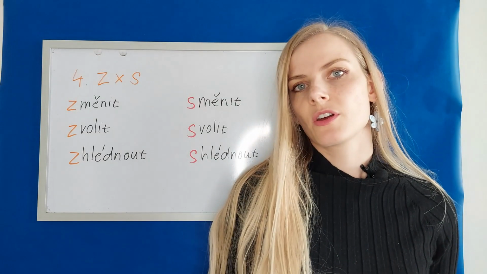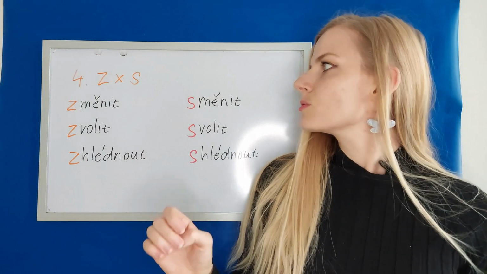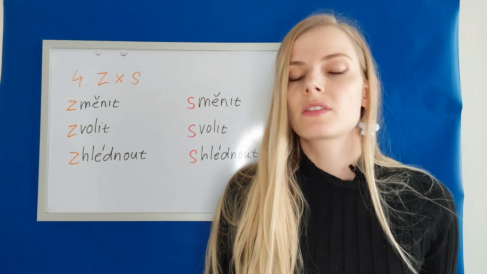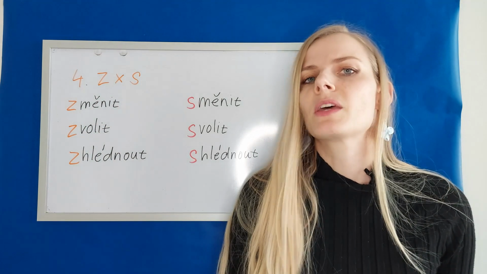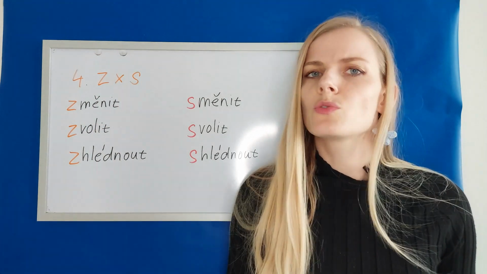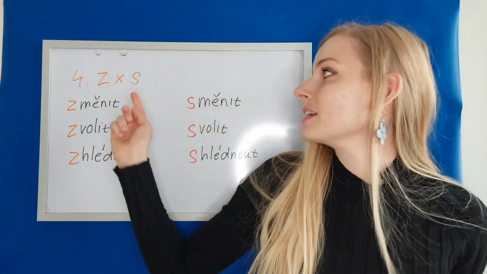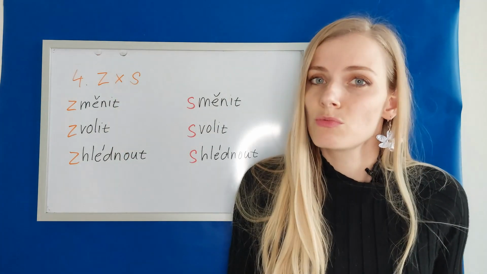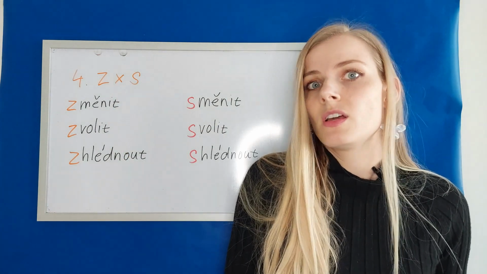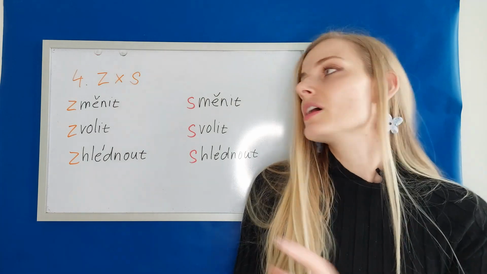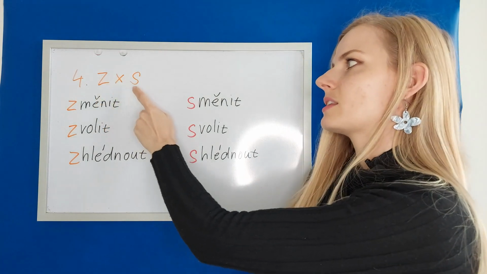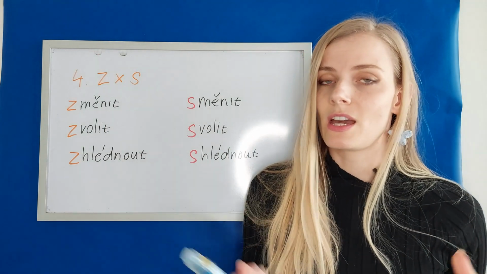I added one more category where I would like to remind you that the prefix z is different from the prefix s, and sometimes very different. I also told you in my previous video about this prefix that it's also challenging for Czech people, sometimes to remember or to recognize where to write z and where to write s, because sometimes they sound identical.